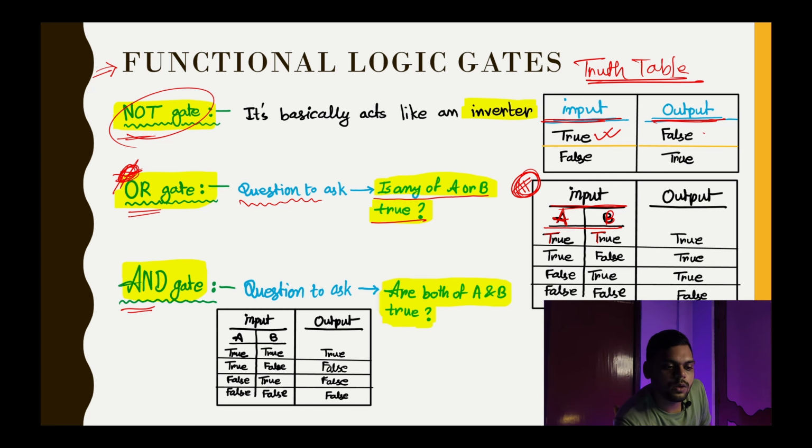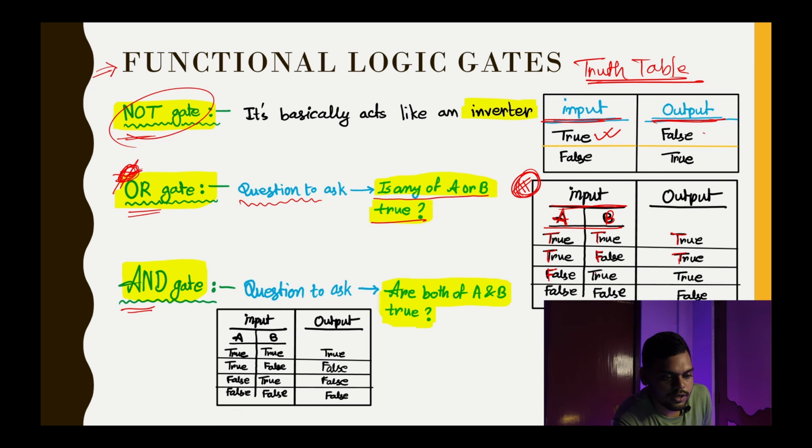Then the output will also be true. Now the second term, if A is true but B is false, then the OR gate will again ask, is any of A or B true? Then we will answer yes, A is true. Then the output will also become true.